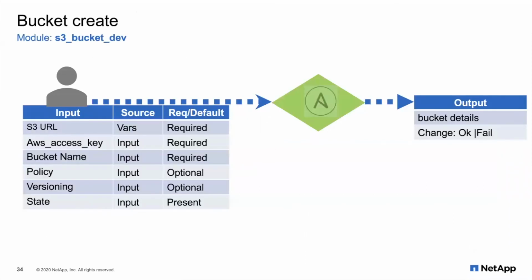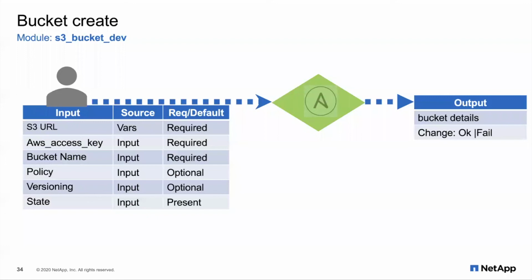Finally, bucket create. Remember, I mentioned that we use the S3 bucket part of the standard build. Well, this is not the standard module. The standard module could not be used here as is because a chargeback feature was not implemented in StorageGRID.